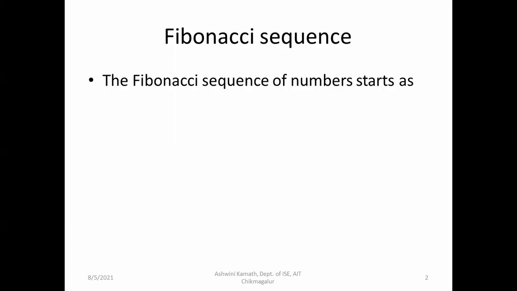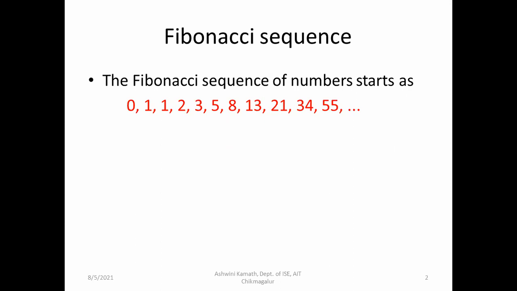So the Fibonacci sequence of numbers starts as 0, 1, 1, 2, 3, and so on, up to n number of elements, whatever number you have specified. Here the initial values we are going to take are 0 and 1, the initial two numbers. Then the next number will be the sum of the previous two numbers.